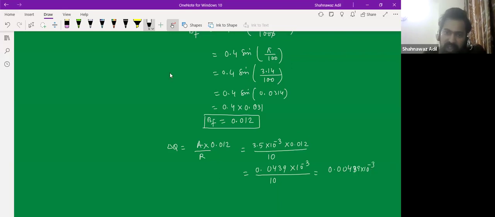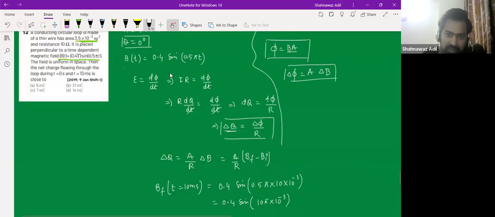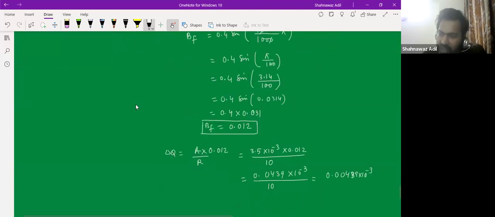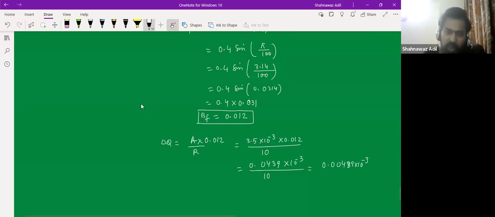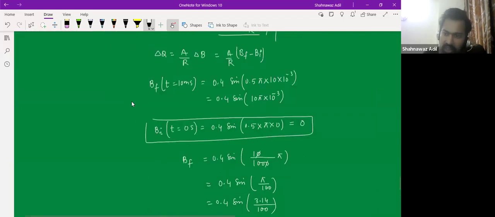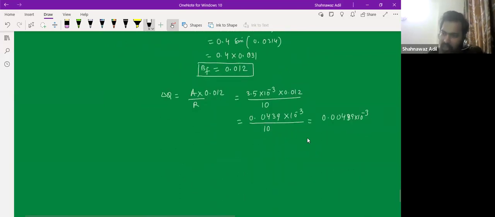So what is the answer? Okay, so this we can write as 0.44, right? So this is 0.44 millicoulomb. So that would be the answer, right?